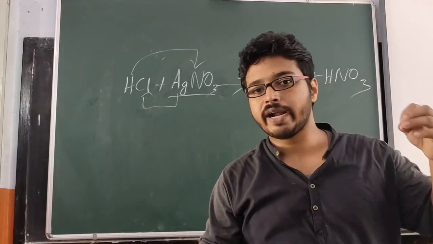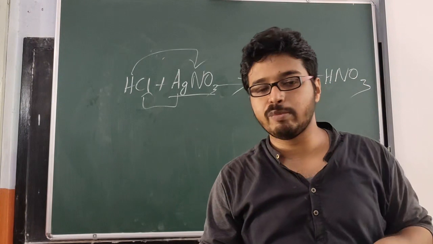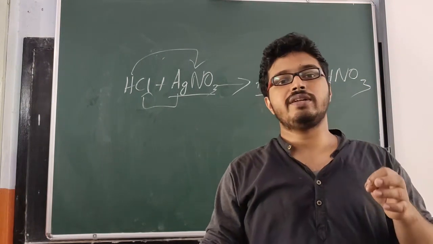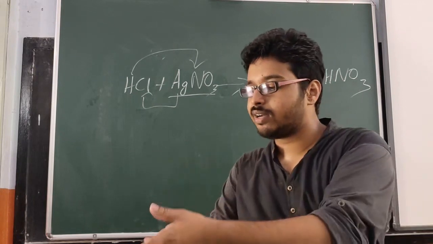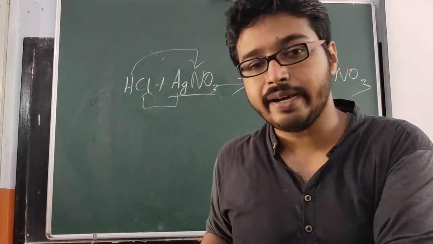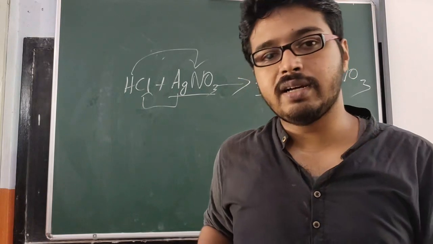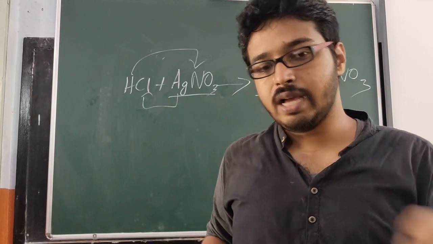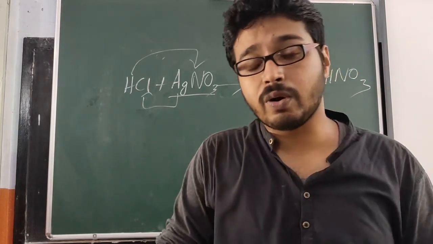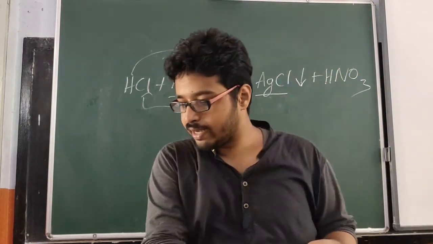Okay, so all the chlorides that are precipitating will be white in color. Not always, but in almost all the cases, especially the chlorides that you are going to study here. AgCl is white in color, PbCl2 is white in color, and the last one, mercury chloride, will also be white in color.